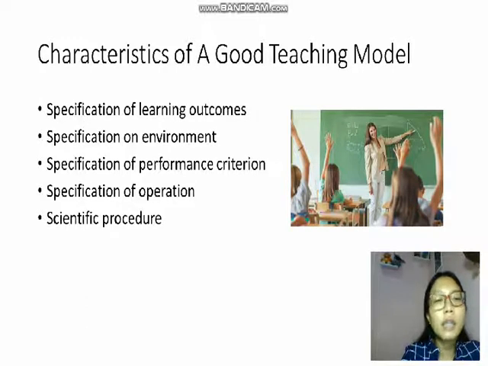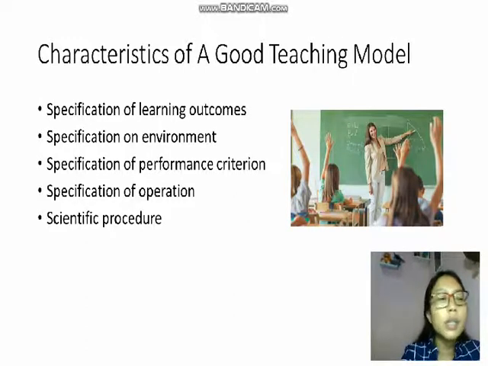The next is a specification of operation. Operation in this case refers to the mechanism. So a model of teaching specifies the mechanism that provides for the reaction of the students and interaction with the environment. The last one is the scientific procedure.